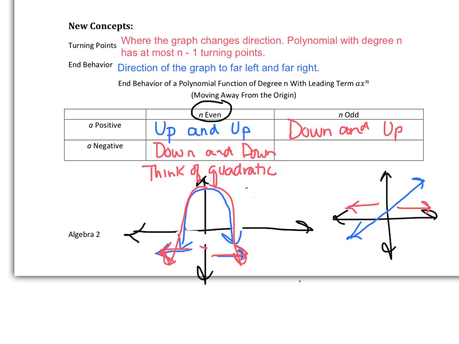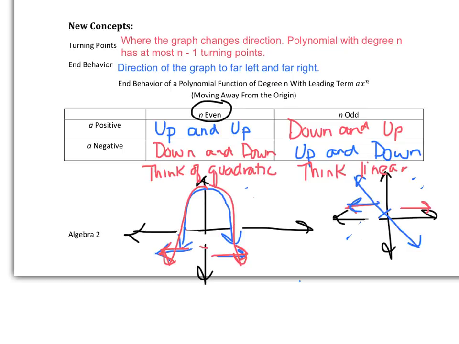And then if I were to look at a value that is negative, so technically I have a slope going downhill, then my end behavior is up and then down. So for odd degree, again, if you just think of a linear function, positive slope versus negative slope, you can come up with your end behavior very quickly.